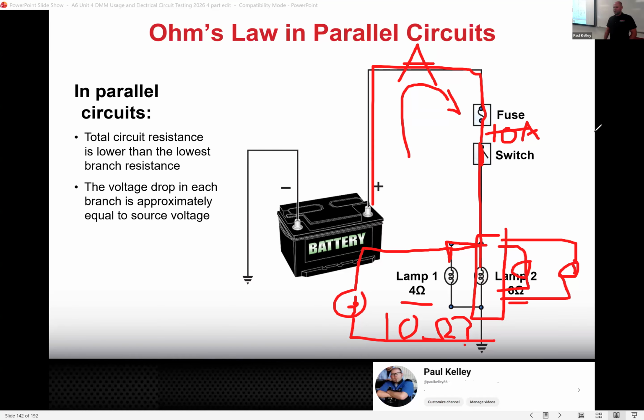Yeah, exactly. So should I add a bigger fuse? Thank you for remembering. Typically the fuse is set to protect the wire. So maybe this wire is rated for 12 amps. If the wire is rated for 12 amps, we're going to probably protect it with a 10 amp fuse.